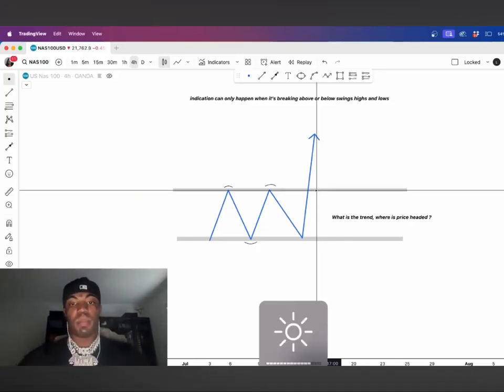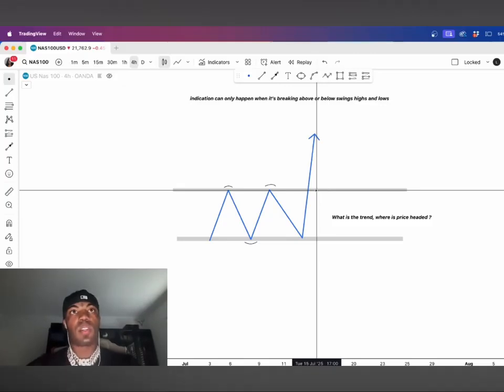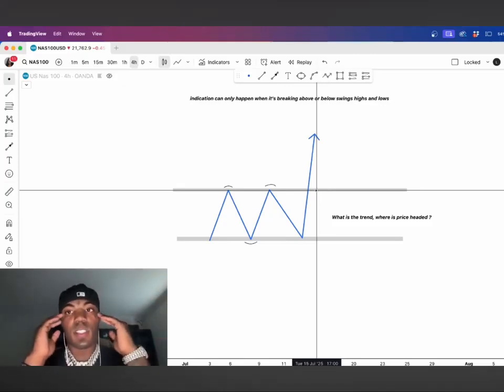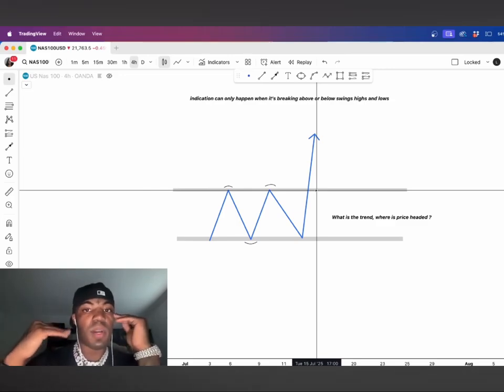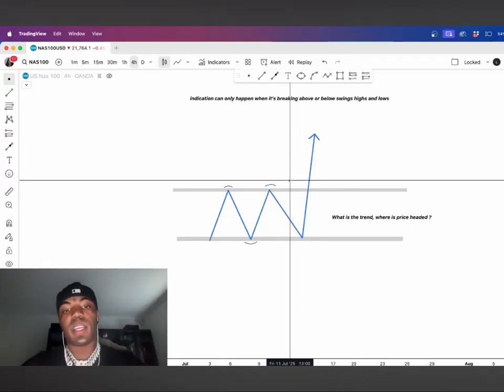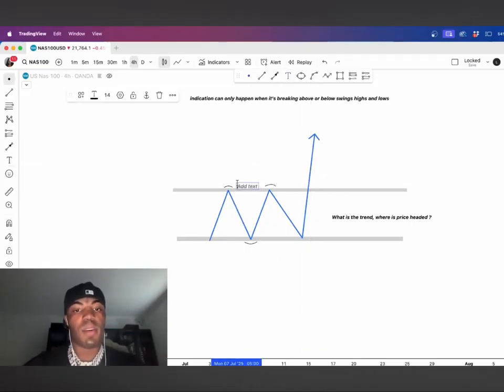So the best way to look at an indication is, is this making my swings go higher or is it making my swings go lower? In this case, these are our swings. I'm going to mark them out so you know what swings are.